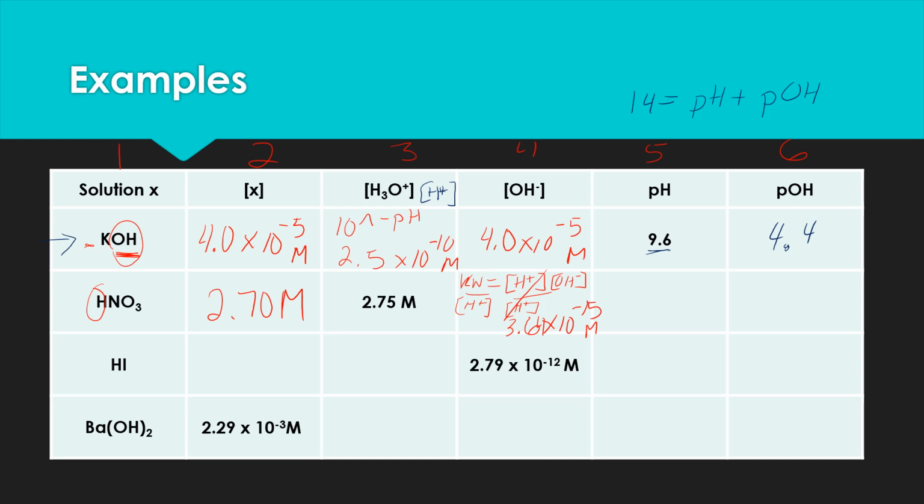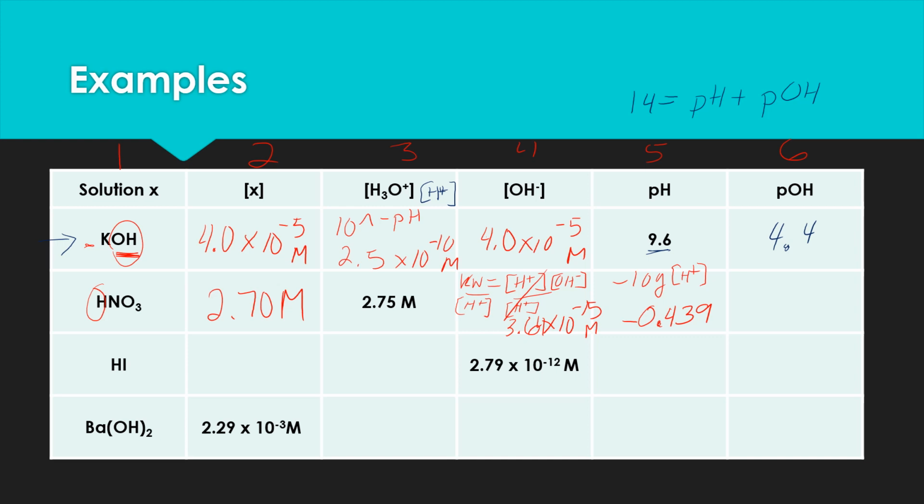Now, for pH and pOH, we can do the negative log of the concentration of our chemical to find our pH. So negative log of 2.75 gives us, let me change my calculator, a very low pH, negative 0.439, so very acidic.